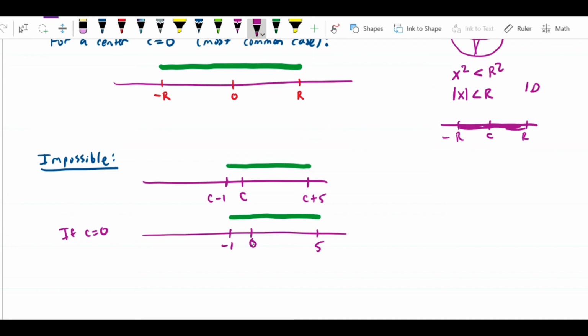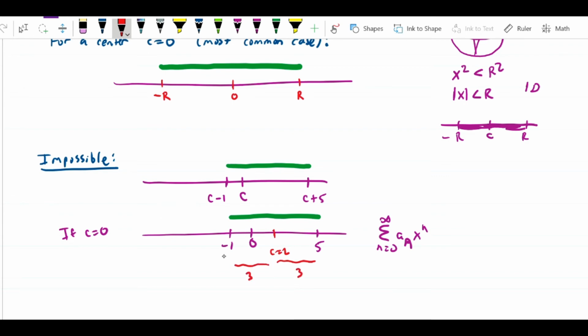If I have a series that looks like the sum of a_n x to the n, it's not possible for the interval of convergence of this series to look like this. It would be completely possible if, let's say, the center was 2, because then I'd be extending 3 in that direction and 3 in this direction.